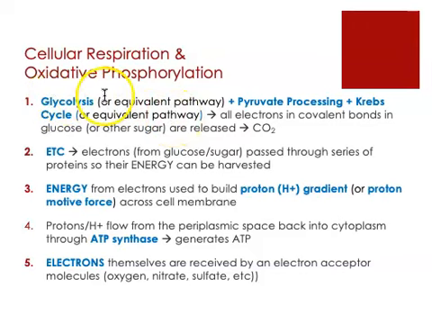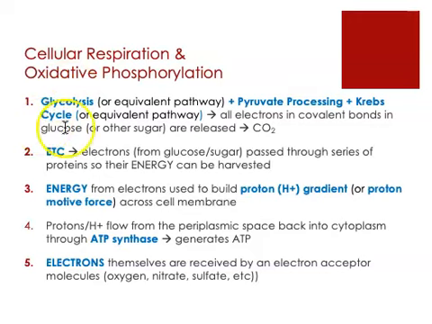Now, glycolysis plus pyruvate processing plus the Krebs cycle, those are all of the reactions necessary to break down all of the covalent bonds in glucose, or again, another simple sugar.